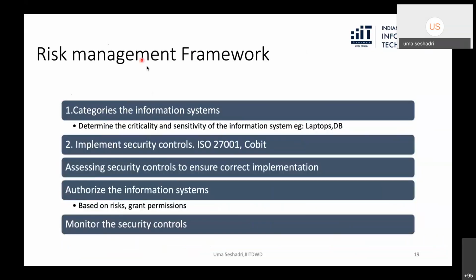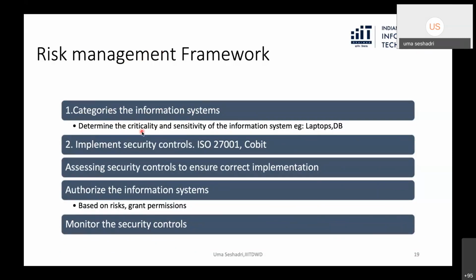So what is the framework for risk management? The concept is the same as what we did for vulnerability assessment or vulnerability management. You expand the same kind of processes here also. You categorize the information system or digital assets. First, try to identify the prominent information systems, devices, or processes which are relevant to the business and highly impact the business.